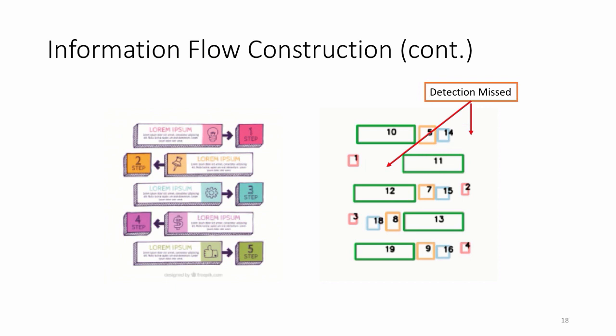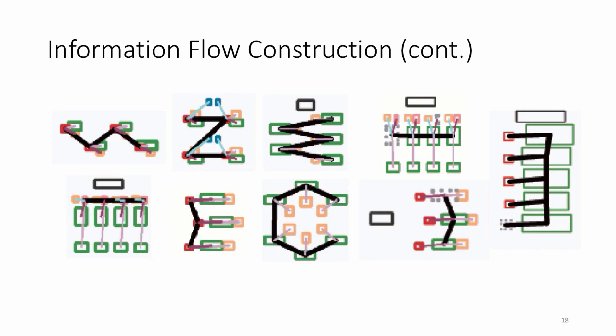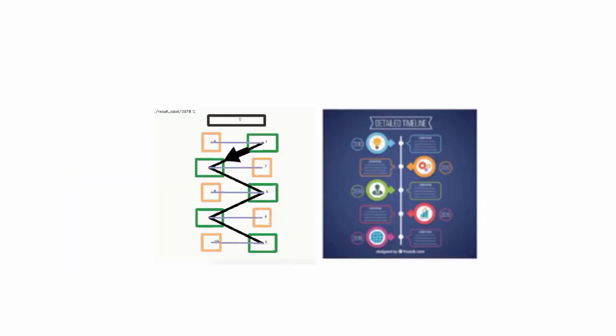So in our algorithm, we can infer those elements by the similarity of groups, so we can recover some of them. Here are more examples. The gray dashed rectangles are those inferred elements. Now we get the visual information flow by a backbone and group associating links.